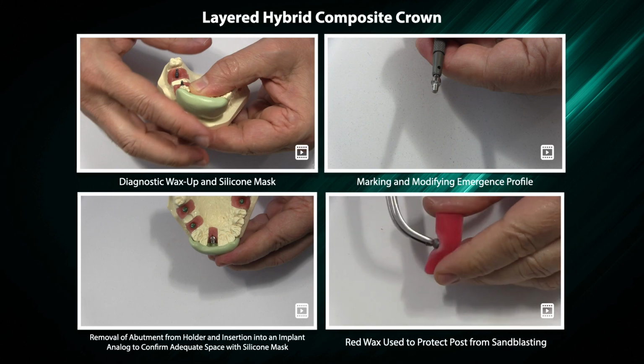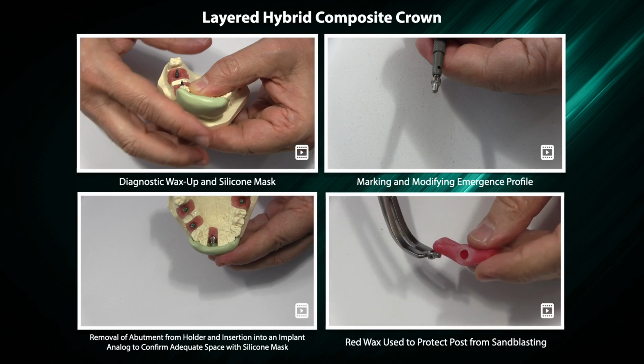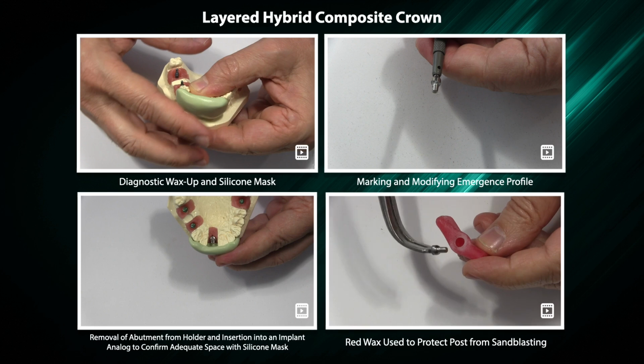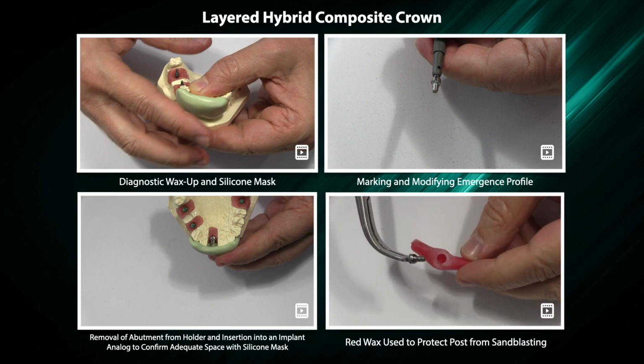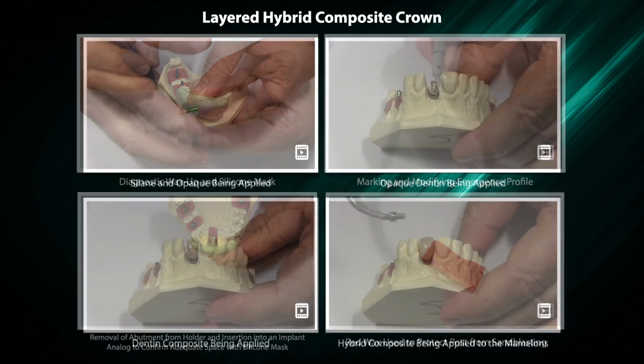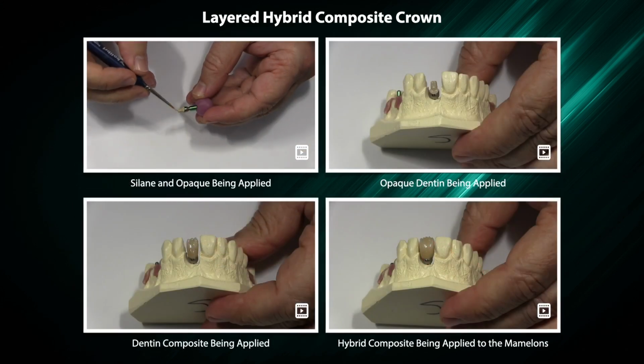Red wax used to protect post from sandblasting. Silane and opaque being applied.